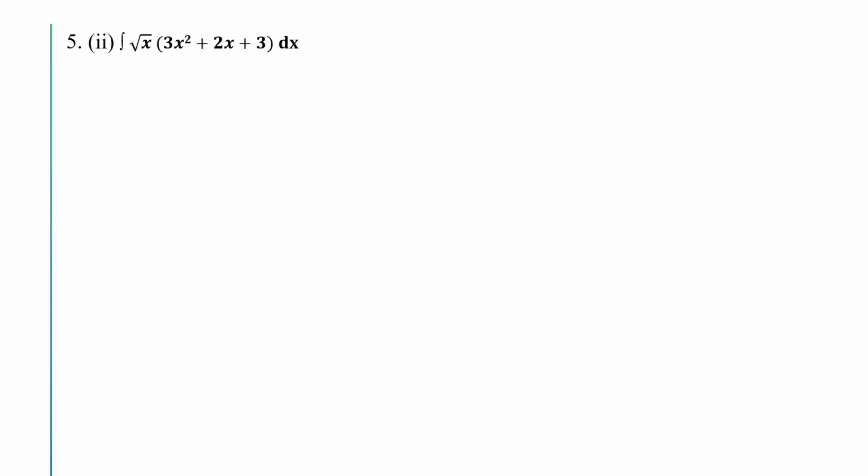Next question, integral root x into 3x square plus 2x plus 3 into dx. So this is equal to 3 integral, we have to multiply x square and root x. So x square into x raised to half is x raised to 2 plus half, it is x raised to 5 by 2.